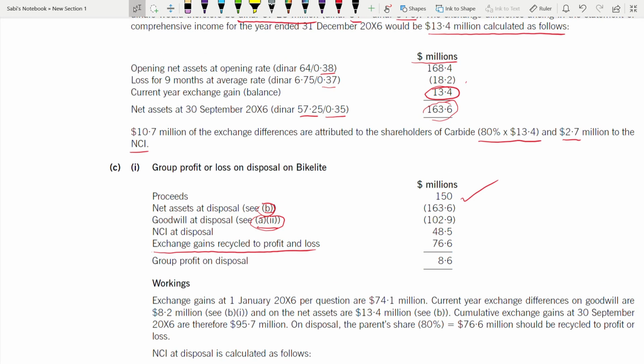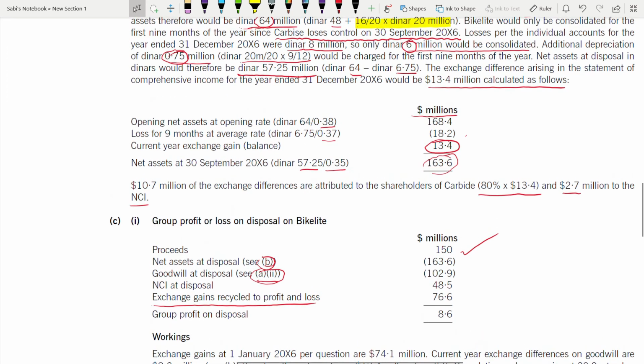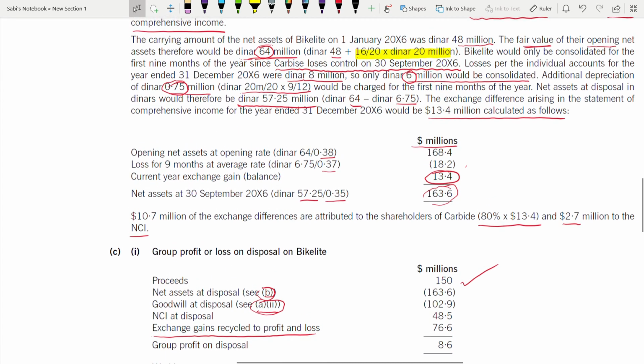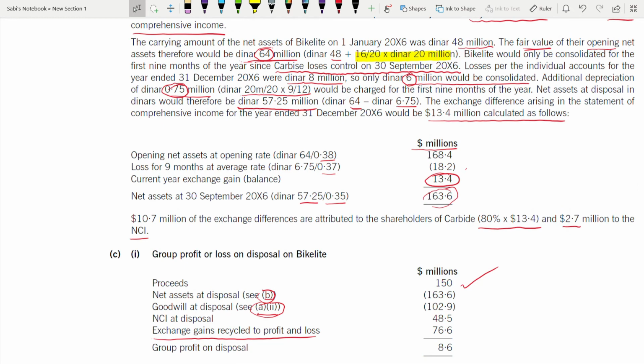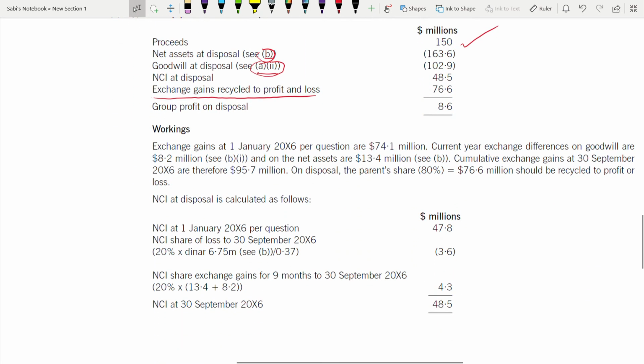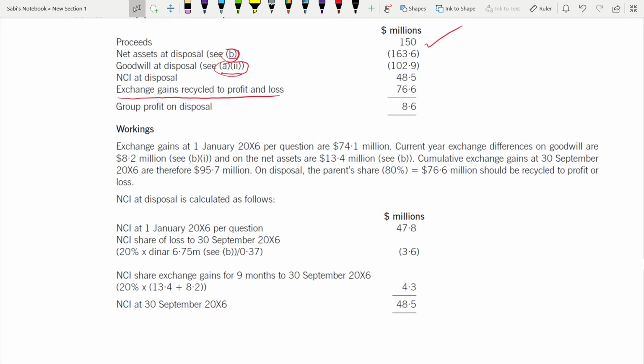76.6. How are you getting this exchange gains recycled to P&L? The workings are here.